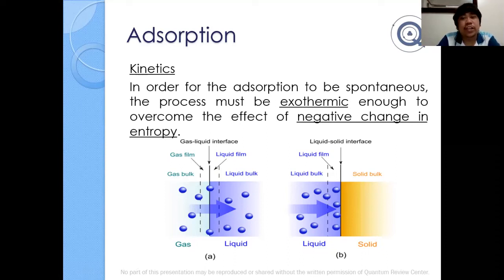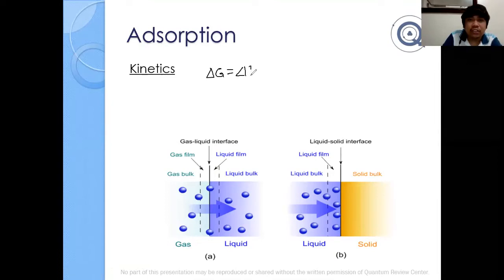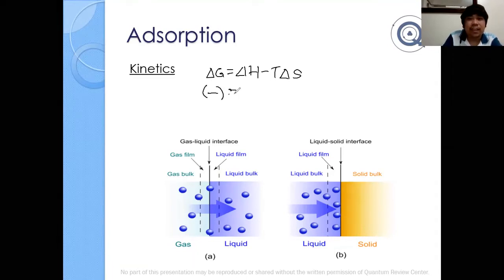Now, let's go to the kinetics of adsorption. In order for the adsorption to be spontaneous, the process must be exothermic enough to overcome the effect of negative change in entropy. Now, if you remember in our Pchem, di ba, delta G is equal to delta H minus T delta S. In order for something to happen, the delta G must be negative. And your T delta S, di ba, yung T natin should always be positive kasi absolute.